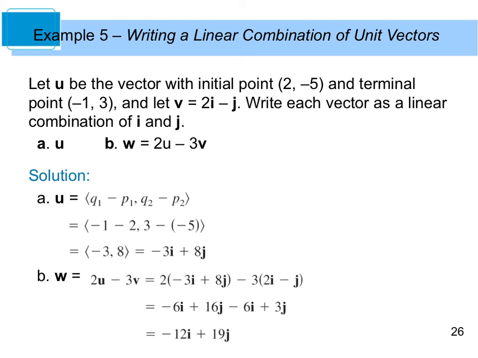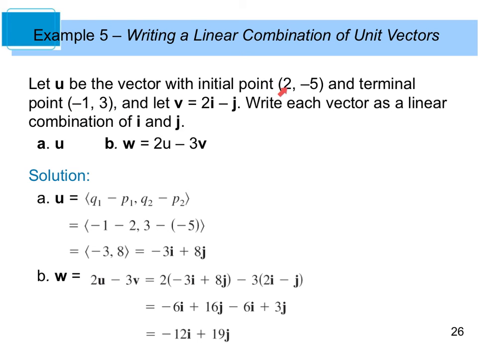All right, so let's see here. So let u be the vector with the initial point and the terminal point. Okay, so we've got to calculate out the components of u. And then let v be 2i minus j, write each vector as a linear combination of i and j. So they want us to write it in i and j format. And i and j are bolded here because they are individual vectors themselves. So if I want my u, I need to do my subtraction here, right?